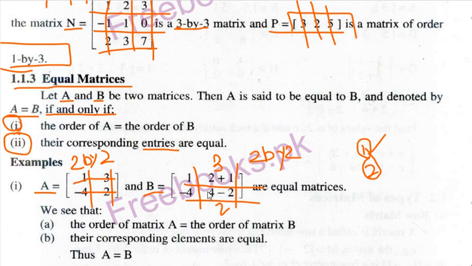Just compare these entries. The first entry of matrix A is 1, the first entry of matrix B is 1. Both are equal. The second entry of A is 3, and the second entry of B is also 3. The third entry of A is -4, and the third entry of B is also -4.